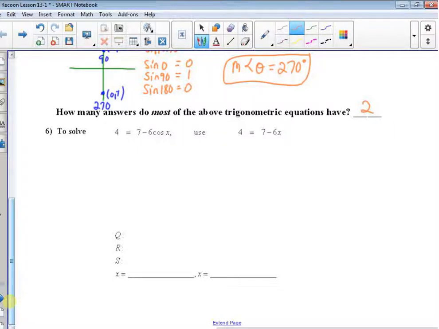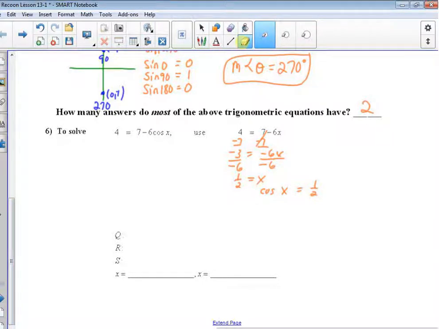All right, so let's say we're asked to solve this equation. You can pretend that it just says 4 equals 7 minus 6x. So if you were to solve that, you would subtract 7 and get -3 equals -6x and divide by -6. So you get 1/2 equals x. Then you would want to put the cosine back in and say cosine x equals 1/2.